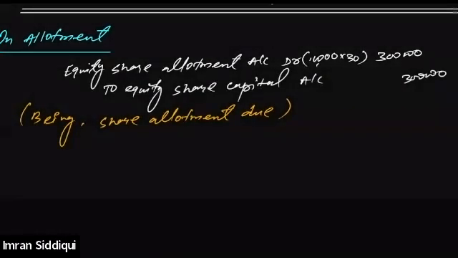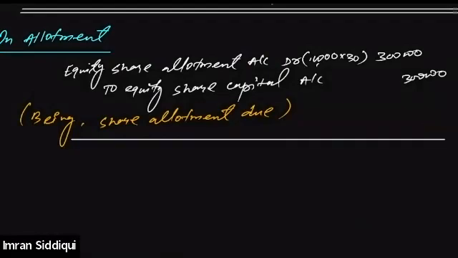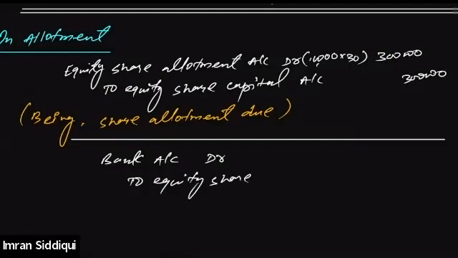Okay. And then we'll pass the journal entry for the receipt of allotment. And that will be, obviously, bank account will be debited, and the allotment money will be received. Bank account will be debited to equity share allotment, or you can simply write down to share allotment account.